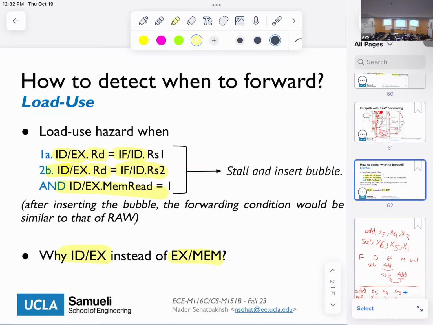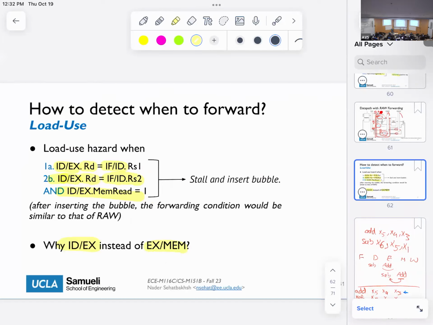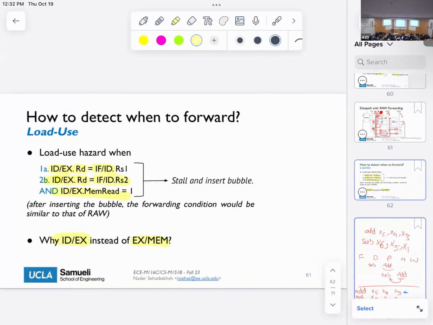If you have questions, you can ask me on Campuswire, but think about why in this case this is one stage before. To give you a hint, probably you want to put it into the fetch, decode, execute, memory, and write back stages, and then you will see where the timing is basically coming from. But think about it, and if you didn't understand it, you can ask on Campuswire, or I can show it to you.